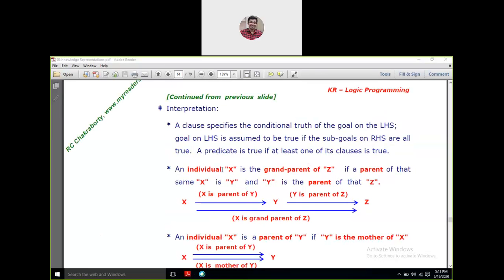Like an individual x is a grandparent of z if x is a parent of y and y is the parent of z. So y is the child of x, and then z is again a child of y. So in these cases we can say that x is the grandparent of z.